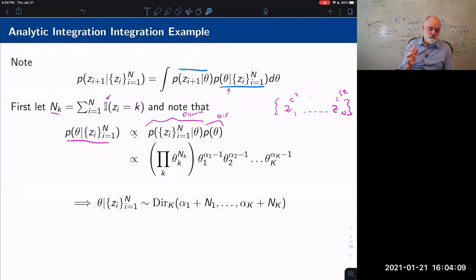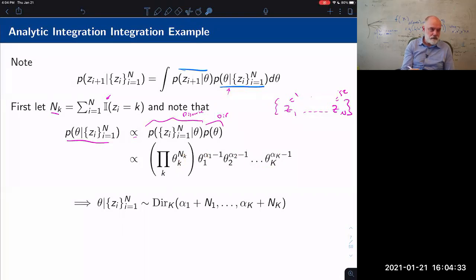Fine. Now, if you multiply these together, and I won't do the algebra because it's kind of boring and obvious, there's a theta 1 to the n1, a theta 2 to the n2, and so on and so forth. So that basically means that there's an n1 in here and an n2 in here and an nk in this exponent, right? Squint just a little bit.